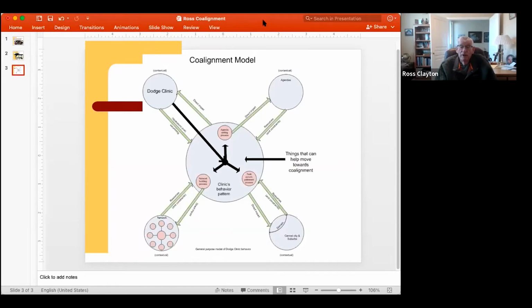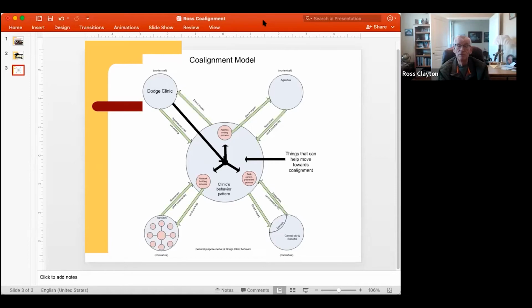Let me give you a little background. This is a model that is based on a case study done up in Seattle, Washington, of one of their clinics, the Dodge Clinic. And I just borrowed it from them because they borrowed it from a book called Leaders in Action by a fellow named Cotter and Lawrence at Harvard. And Leaders in Action basically focused not on an organization, but it focused on the mayor and his behavior.